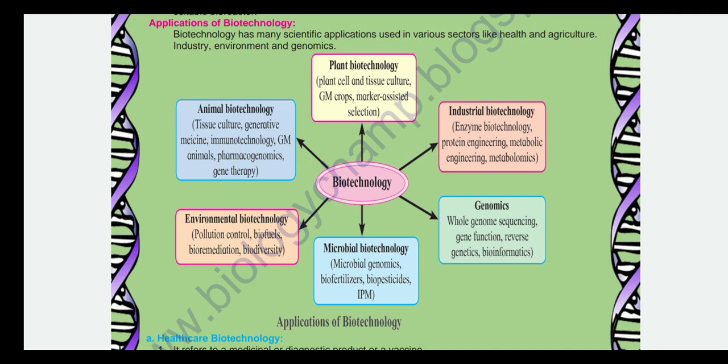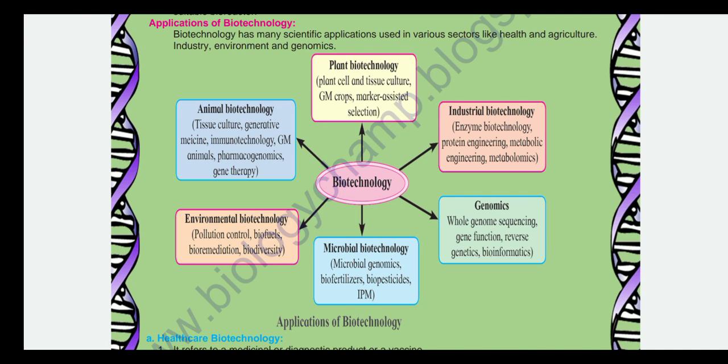In plant biotechnology, tissue culture, plant cells, genetically modified crops and marker assisted selection are used. In industries, it is used for the production of enzymes, production of proteins, protein engineering, metabolic engineering, and metabolomics. In genomics, that is in genetics, there is genome sequencing, gene function, reverse genetics, and bioinformatics, which can be used in the field of genetics.